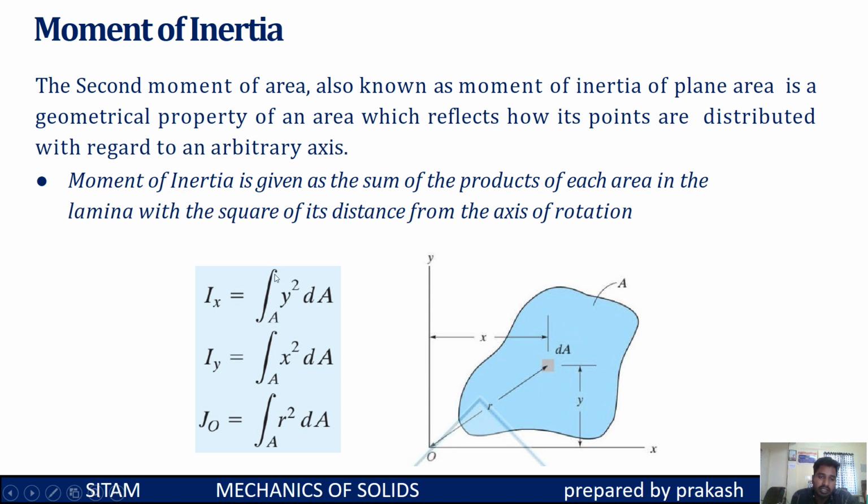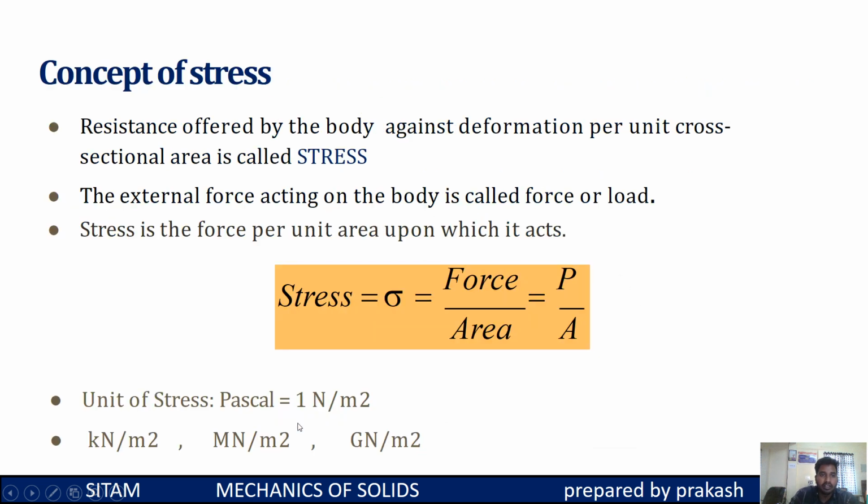So that's why the integral from 0 to its area, and along the x direction, about the x-axis the element is located at a distance of y. So that's why y square dA. The moment of inertia about the y-axis is given as x square dA, and the moment of inertia about the origin is given as r square dA.